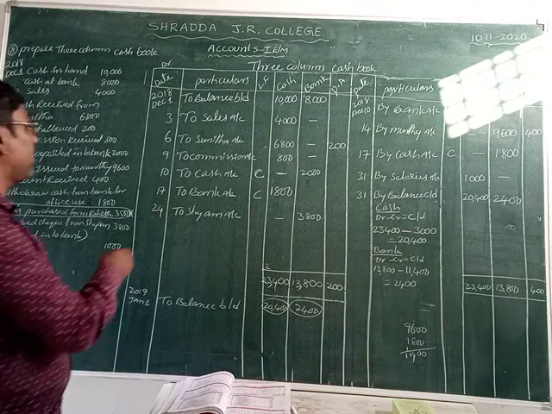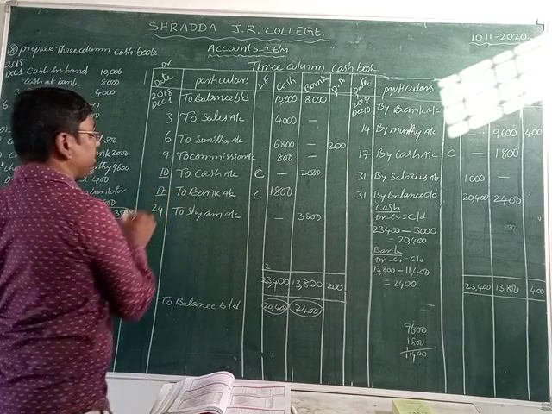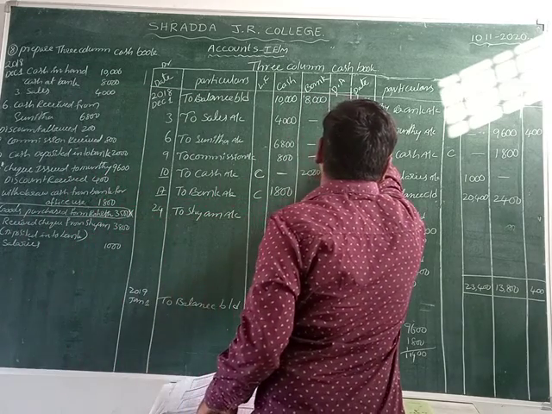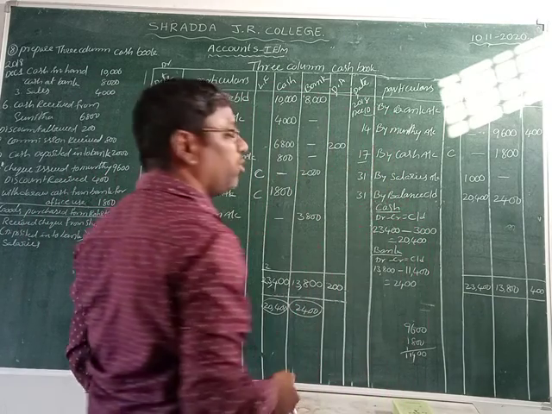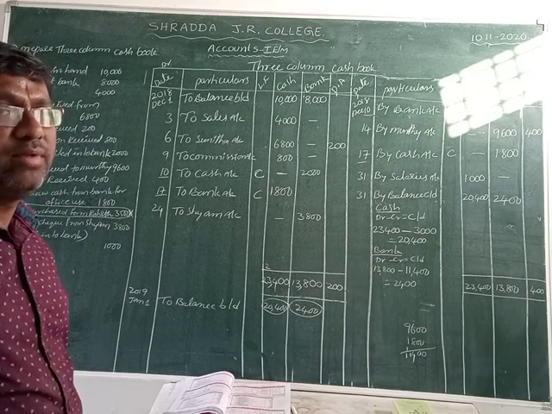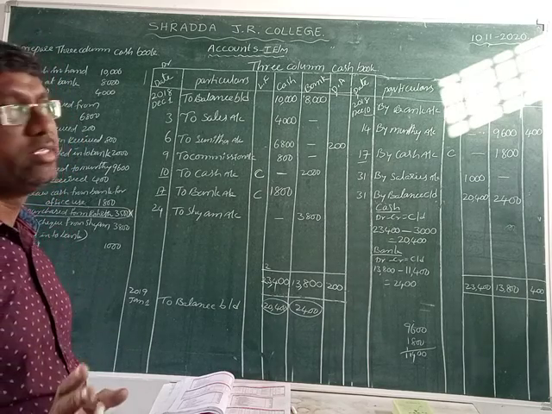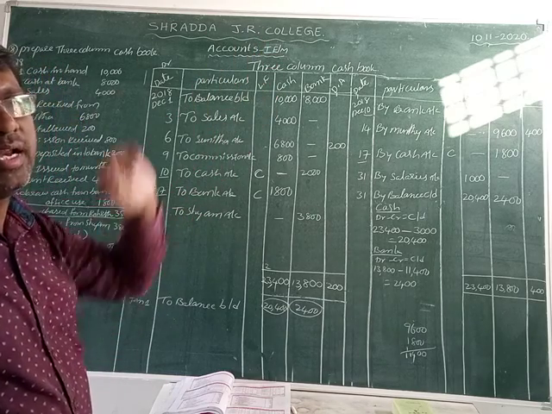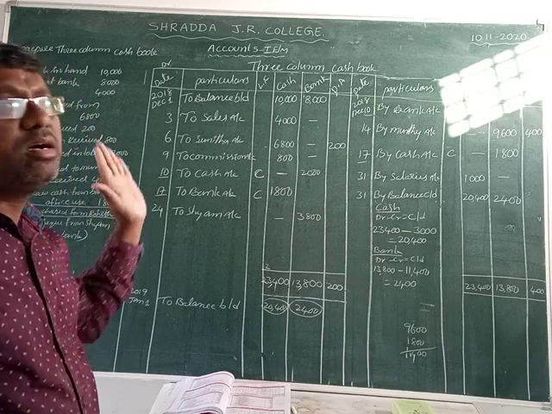So here the 10th date and the 17th date are contra entries, on the debit side and credit side. These contra entries are very important. Don't get confused, okay? Because for a single transaction we record one time on the debit side and a second time on the credit side.